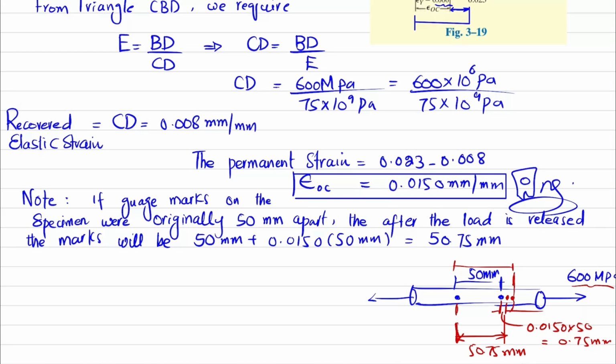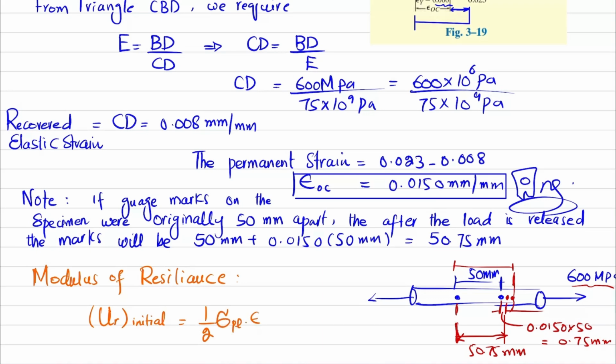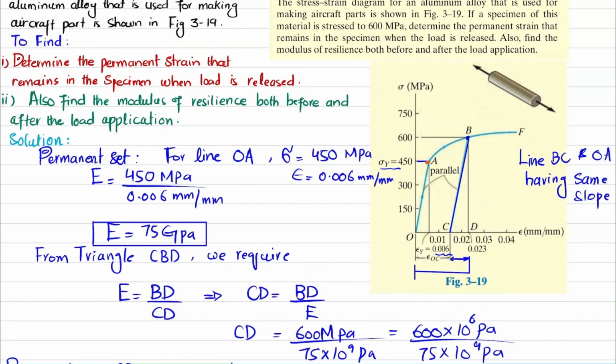Now our second part was for modulus of resilience. So before and after, I will find this modulus of resilience. Modulus of resilience is represented as small r. For initial, it will be equal to 1/2 stress at proportional limit into strain at proportional limit. So for initial, you can see this is 450 and strain is 0.006.